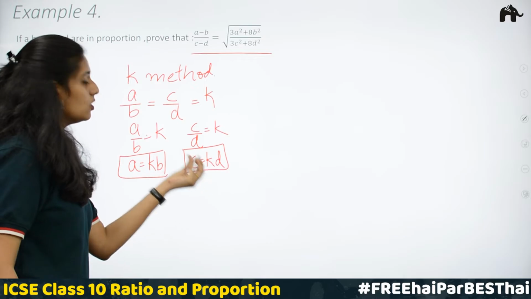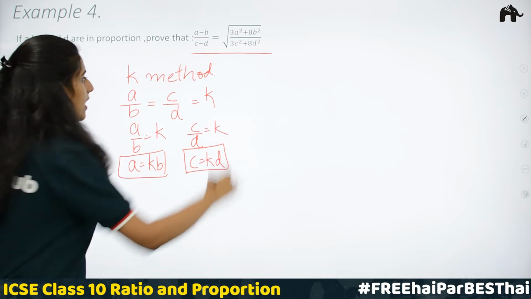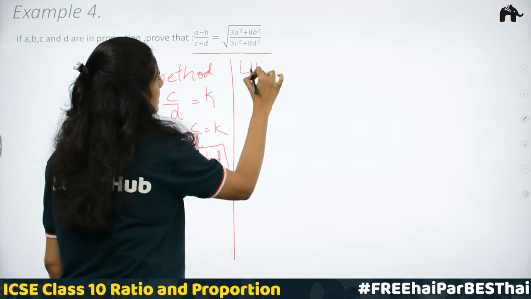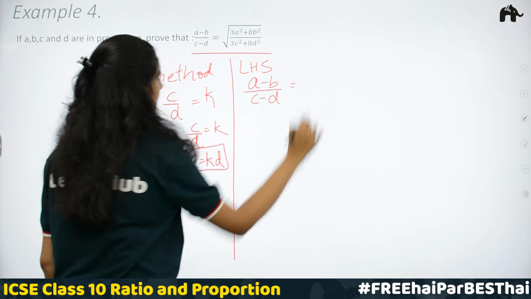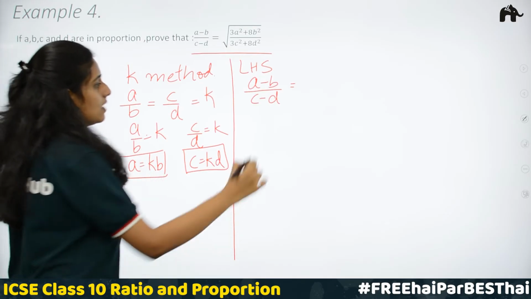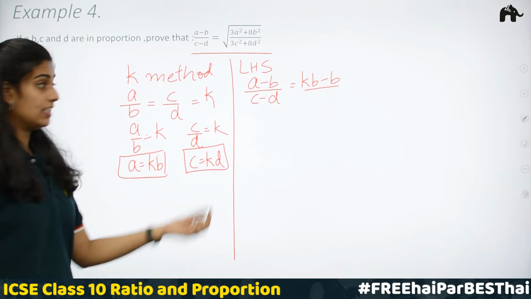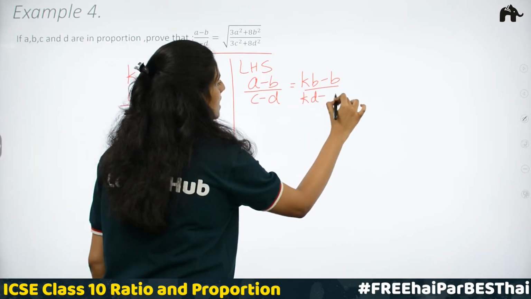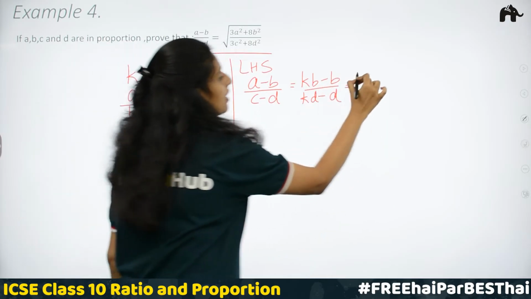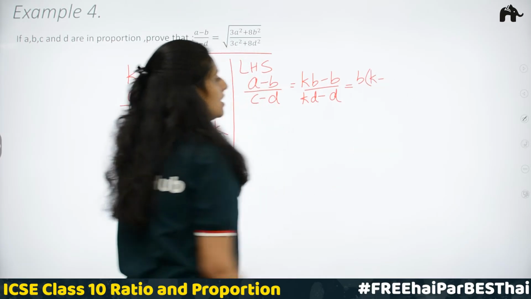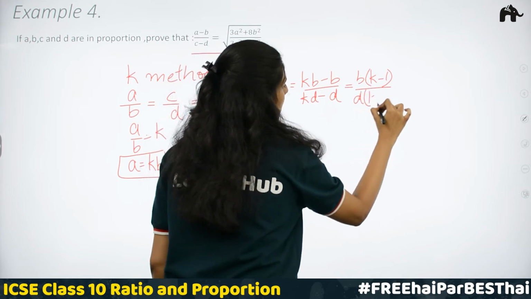We are going to substitute this value of A and C in LHS and RHS. First, let's take LHS. LHS we have A minus B divided by C minus D. Here A is equal to KB, substituting, KB minus B divided by C is KD, KD minus D. Now, taking common outside, B is common, B is taken out, remaining K minus 1, divided by D into K minus 1.